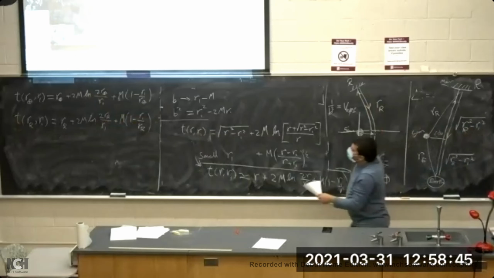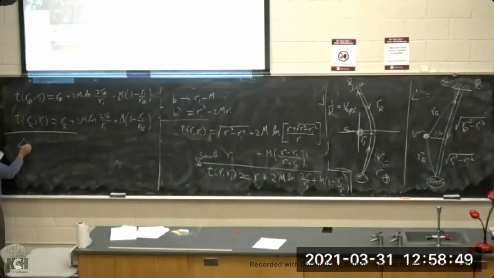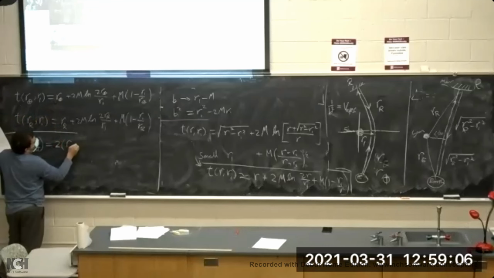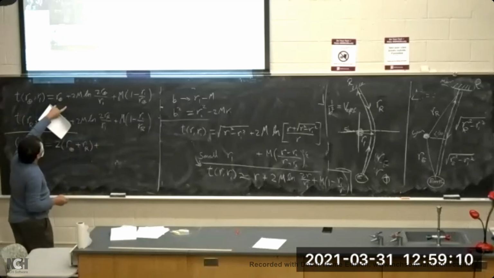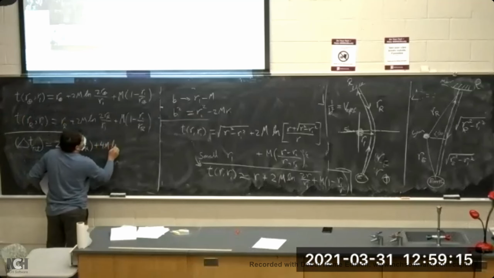So we need delta T now. Delta T total will be 2 from this and 2 from this. So it will be equal to 2, and we need to add them together: 2 times R Earth plus R reflector, plus 2M, it will be 4M ln.